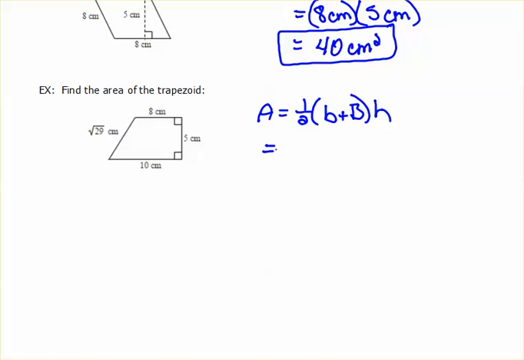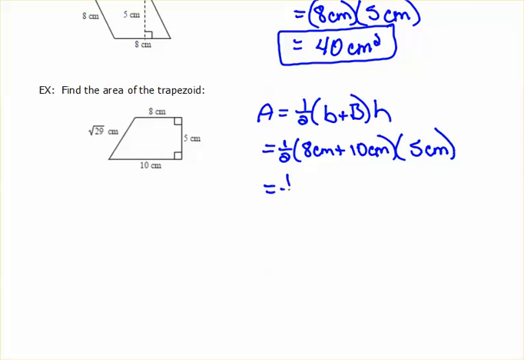So here, whenever I go ahead and plug in all my numbers, I'm going to have 1/2 times the little base, or the little parallel side, which is 8 centimeters, plus the big base, or the larger parallel side, which is 10 centimeters, times the height, which is always perpendicular to the bases. So that would be 5 centimeters.